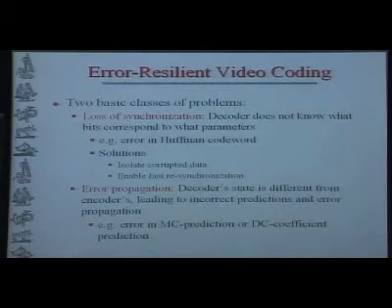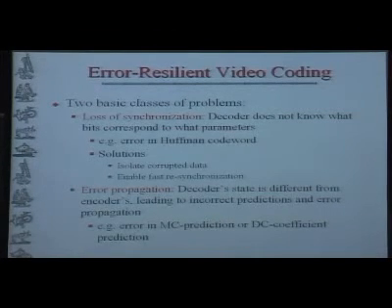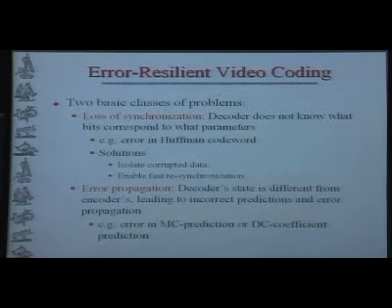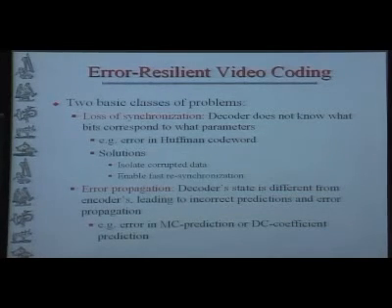Now, in video coding, we have to worry about 2 things. We don't want loss of synchronization. The decoder doesn't know what bits correspond to what parameters, and that is very troublesome. If you don't know what bits belong to what parameters, you will decode the parameters incorrectly, and that will lead to all kinds of problems.